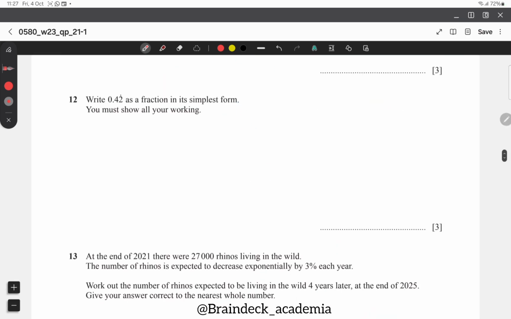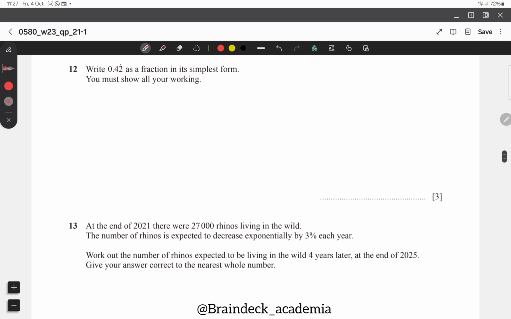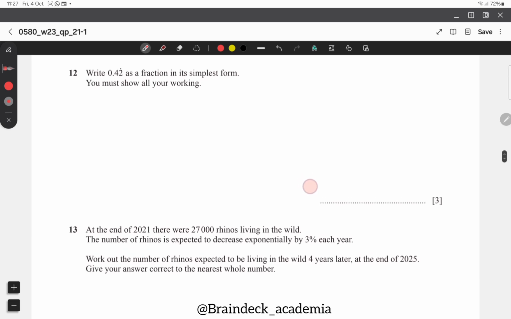Okay, so we're in number 12 now. To solve number 12, we can see that this decimal here is a recurring decimal. Because of this point on top of this decimal number, it means that this number is like 0.4 with the 2 recurring. So to solve this in the lowest fraction, the first thing is that we call this decimal x.